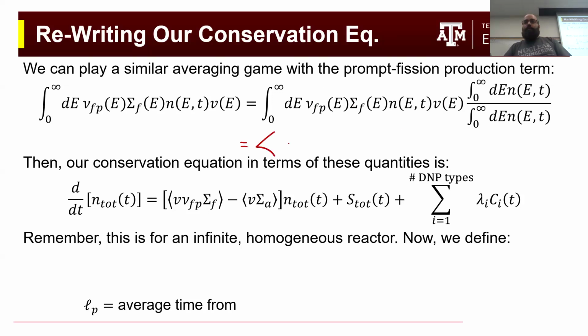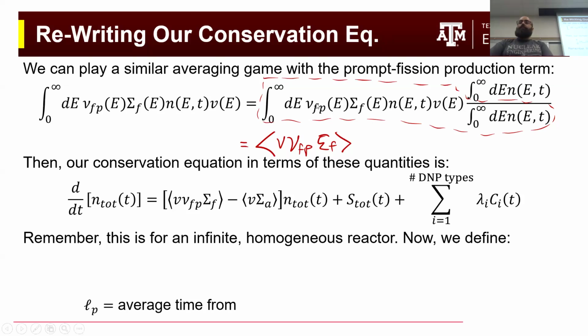So I'm going to write v times nu_fp times sigma_f. That's what this term ends up telling me about. It's a weighted average of the nu times the sigma_f times the v.